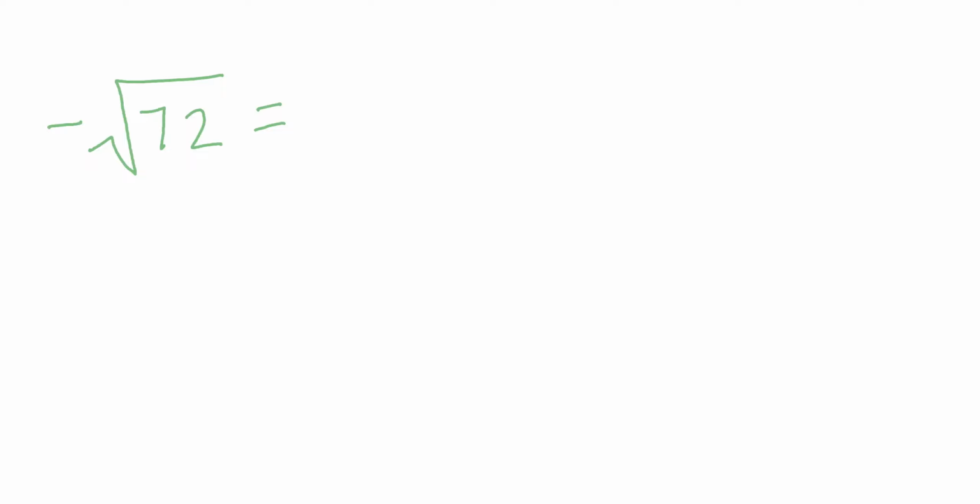Okay. So this is 9 times 8. And 9 is 3 squared, and 8 is 2 times 2 times 2, or we could call it 2 squared times 2. So I specifically wrote out our factors in groups of 2 so that we could take our square root.